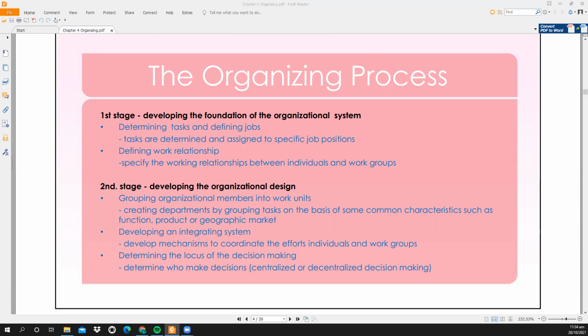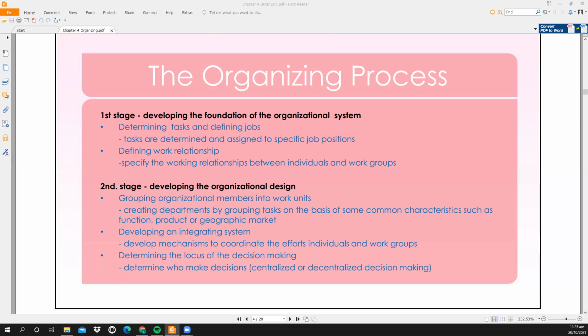Tasks are determined and assigned to specific job positions. That is why there are vacancies, hiring accountants, marketers, HR. After defining the tasks that are needed, they will know which positions will be vacant and who the people are that they need for that task.